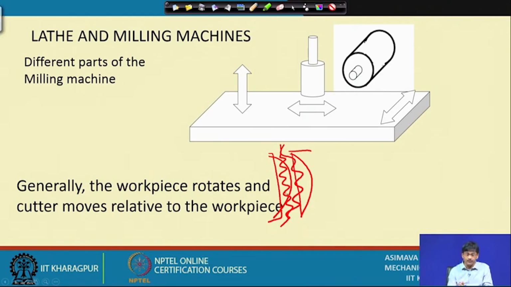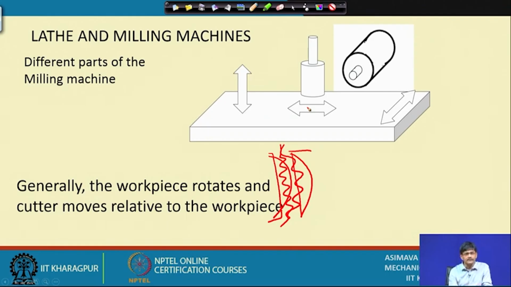This forms a weak point of the machine. So, this is generally restricted to machines which are low duty, medium duty, and operator controlled.